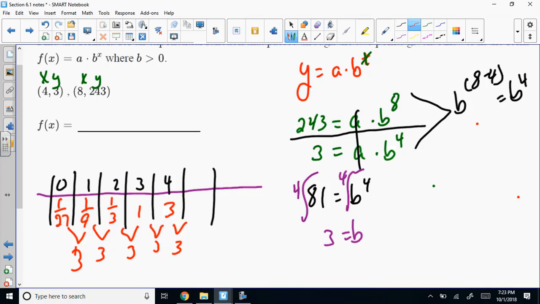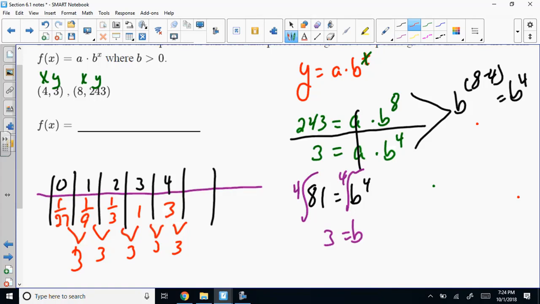If I want to back it up, I just keep dividing the outputs by 3. If I go the other way, 1/27 times 3 is 3/27, which is 1/9. 1/9 times 3 is 1/3. 1/3 times 3 is 1. 1 times 3 is 3. 3 times 3 is 9. So forth and so on. You're manipulating the table. That's the easiest way to do it.